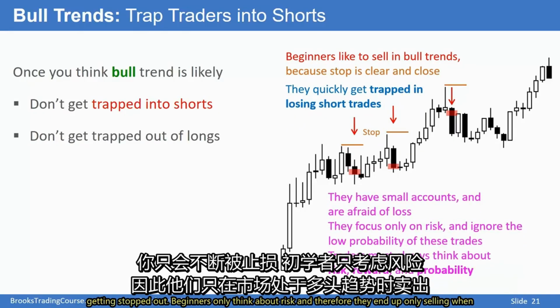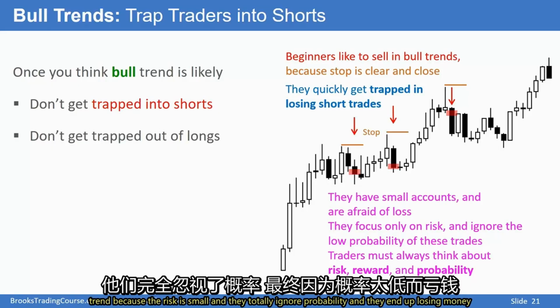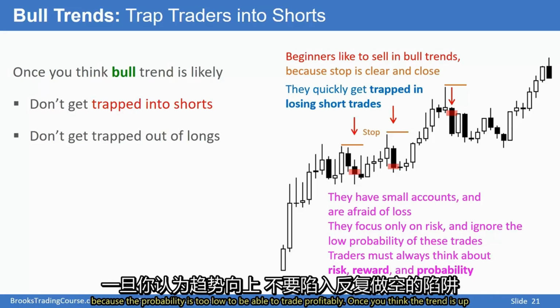Beginners only think about risk, and therefore they end up only selling when the market's in a bull trend because the risk is small, and they only end up buying in a bear trend because the risk is small, and they totally ignore probability, and they end up losing money because the probability is too low to be able to trade profitably.